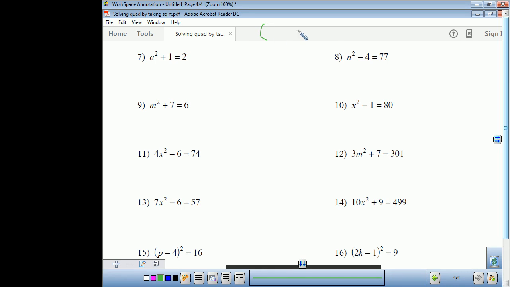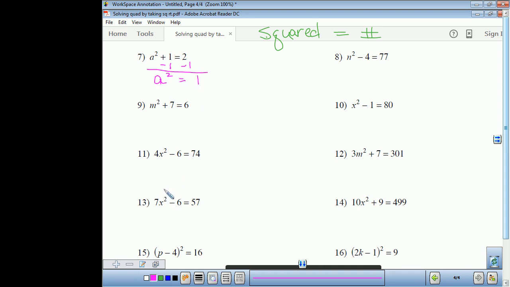Every time we want a squared part, left out the a squared equal to a number. Every time. And we don't want anything else. Just something squared equal to a number. So right now we have a squared plus 1. So what we have to do is get rid of that 1. So we're going to subtract 1. So we have a squared equals 1.